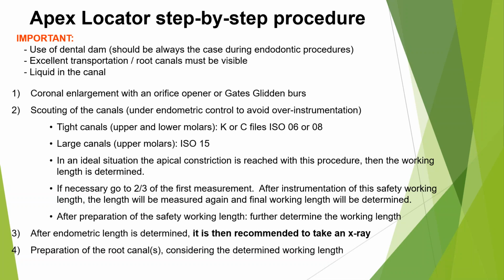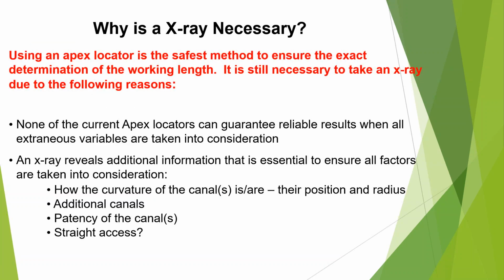And then after the endodontic length is determined, again, we still recommend that you take an x-ray. That's where you would go into what Meredith and Brad were talking about with the preparation of the root canals, considering the determination of the working length. Next slide.